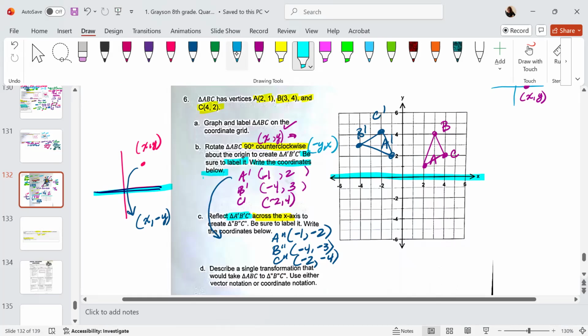And just literally flip it over. This is A double prime, right? C double prime, correct? B double prime, right? Yes. And there you go. Okay. Next.